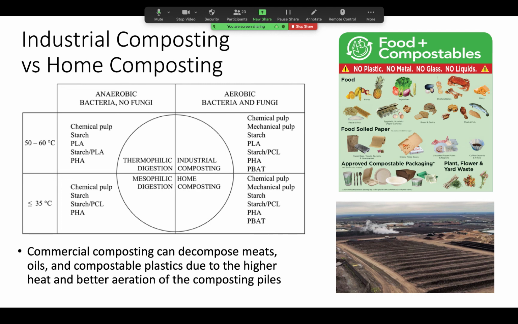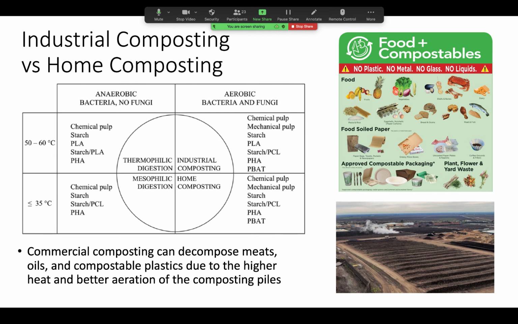The enzymes can work much more efficiently, and that's where they're designed, or they've come to work, at those higher temperatures. And they even have the right microbes or fungus depending on what they need to do, their aerobic or anaerobic digestion.